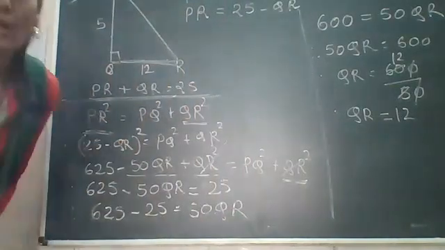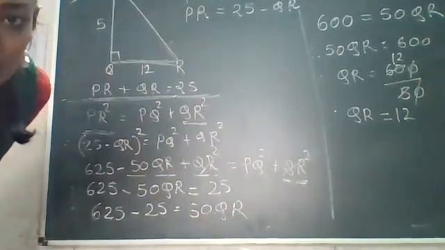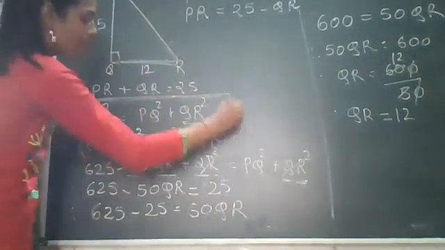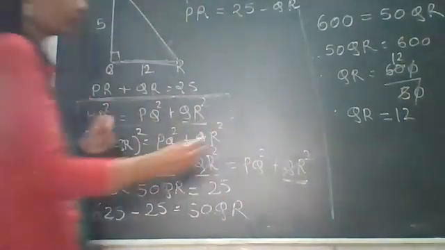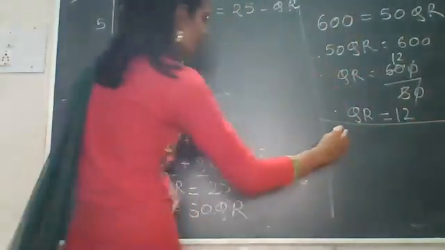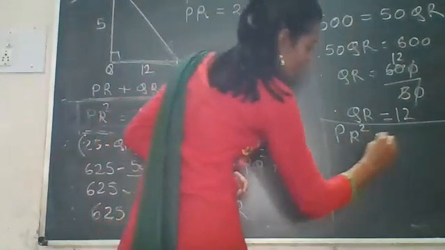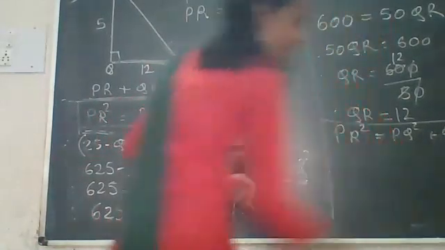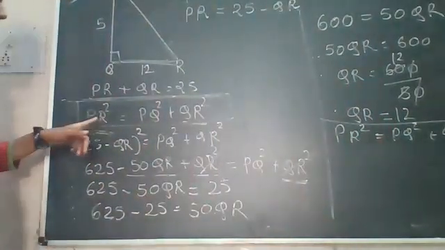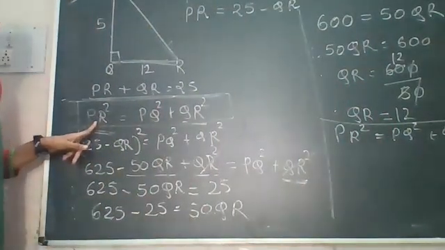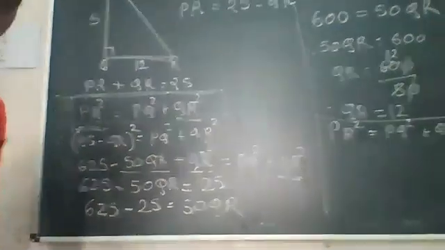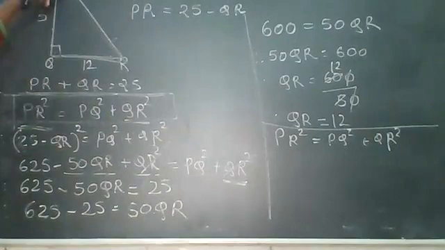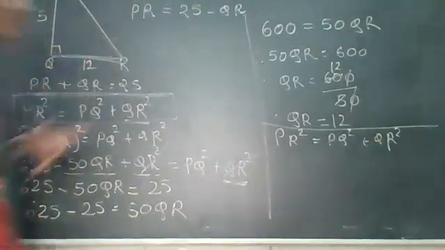Right? Now, what do you have to do? Just put the value in the Pythagoras theorem. So what will become here? PR square is equal to PQ square plus QR square, right? So we will get the value of PR. Understood? Here 5 and 12 are there, so we have to find PR, the hypotenuse.